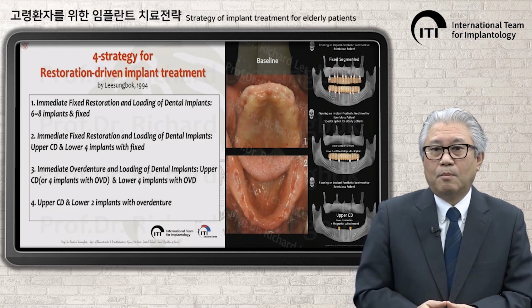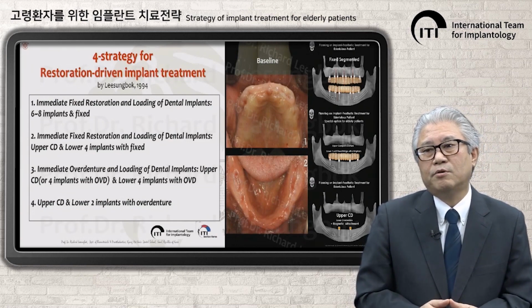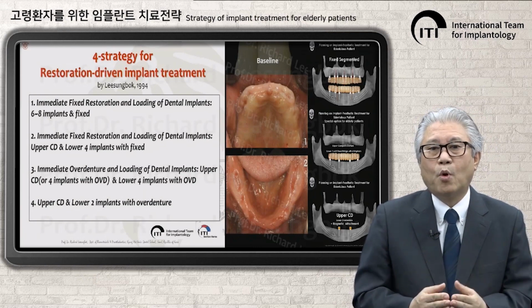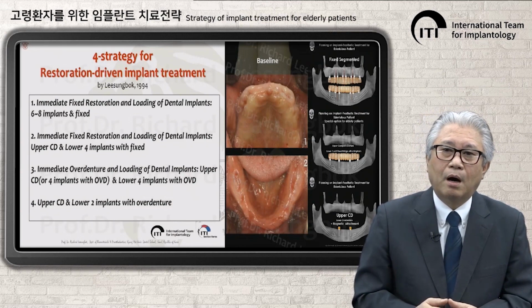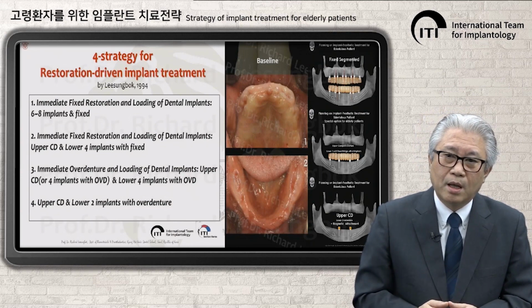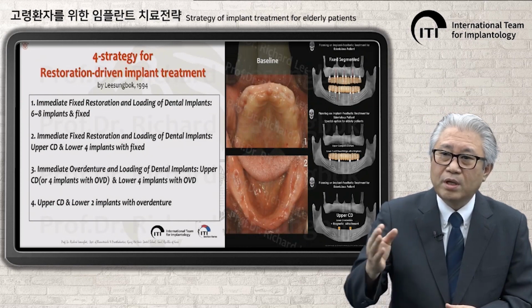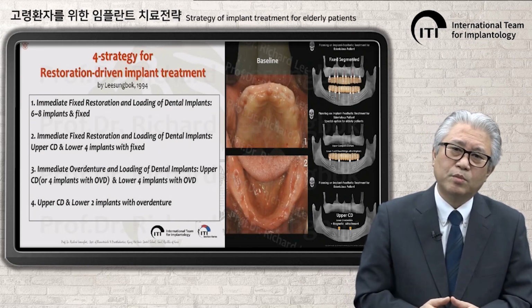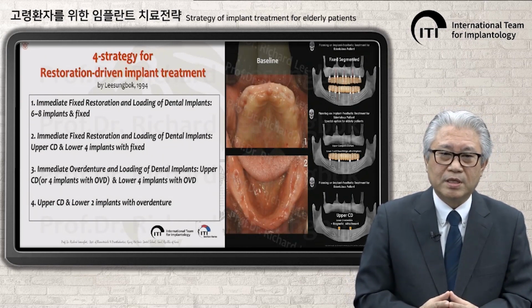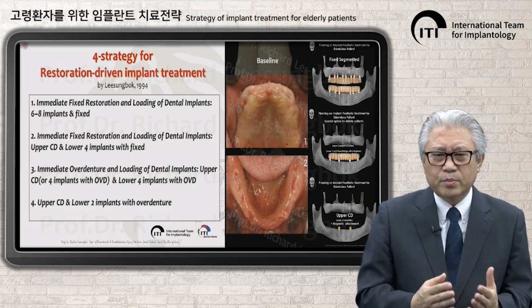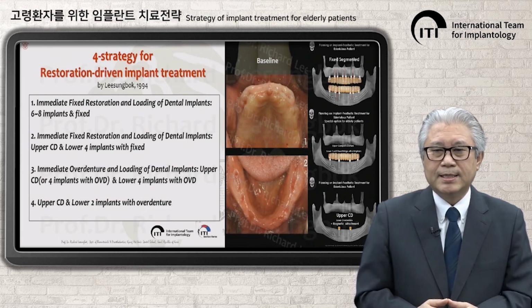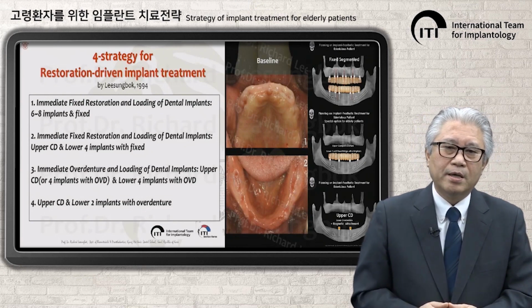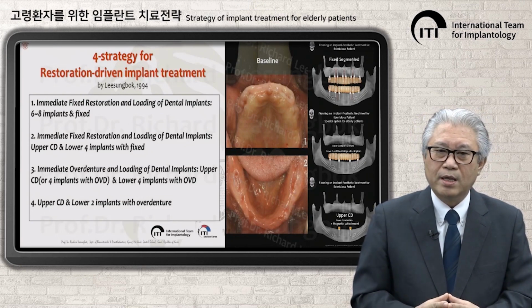The first is to place 6 to 8 implants in upper and lower jaws and carry out immediate loading with a fixed provisional restoration. The second is to provide complete denture on the upper edentulous jaw and 4 implants on the lower jaw, and to carry out immediate loading with a fixed provisional restoration.